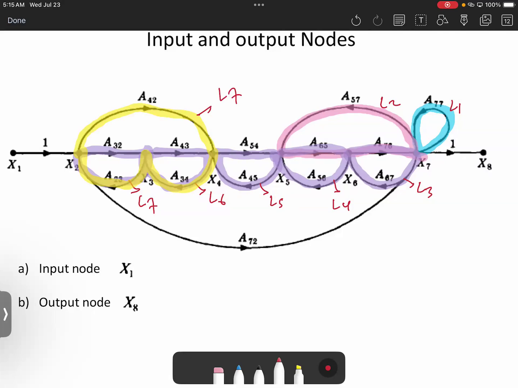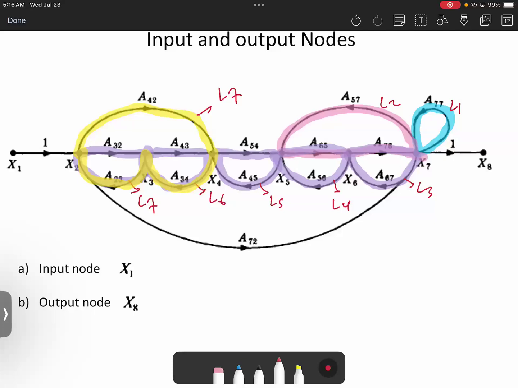How about the same thing that we can do? Let me see. Can we do it in the other? In X5, can we go from X5 to X7 directly? No, we cannot. Let's see if there's any other possibilities. You cannot travel from X5 to X7, because A57 goes backward.